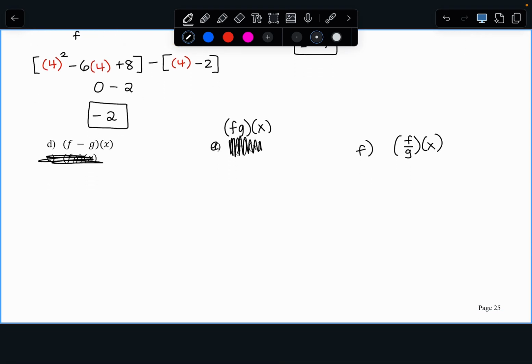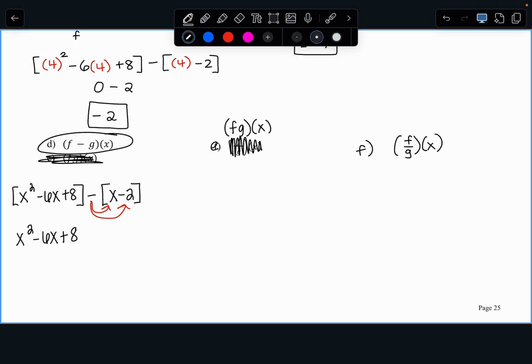All right, take the function f, x squared minus 6x plus 8, and we're subtracting the function g, which is x minus 2. The only difference, we need to distribute that negative to the pieces that come after. X squared minus 6x plus 8. Wait, how did you get that? Because it says f minus g. Okay, wait, where did those negative 6 and the 8 come from?